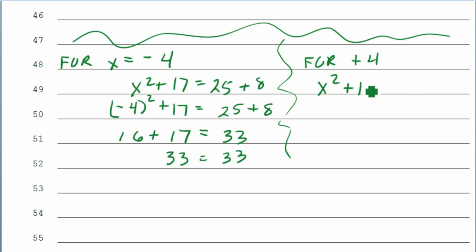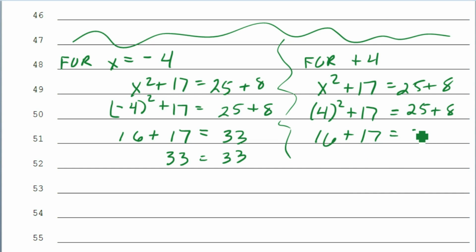Original equation. And stick in a positive 4: 4 squared plus 17 equals 25 plus 8. 16 plus 17 equals 25 plus 8. And again, 33 does equal 33.